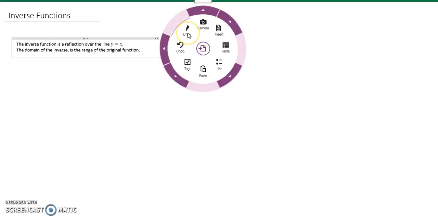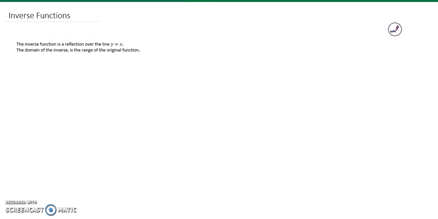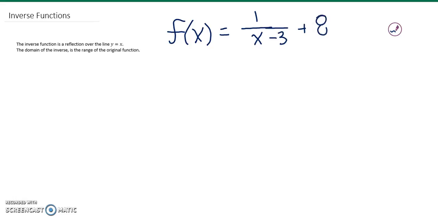Let's look at the function f of x equals 1 over x minus 3 plus 8. Right away, we can calculate the domain.